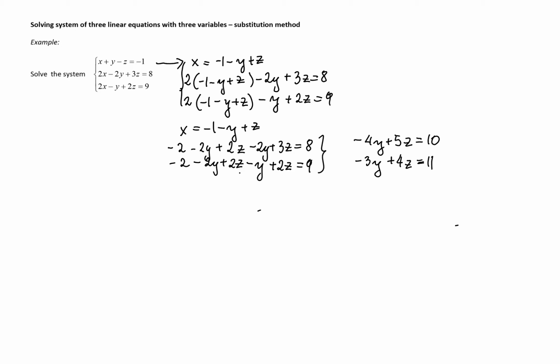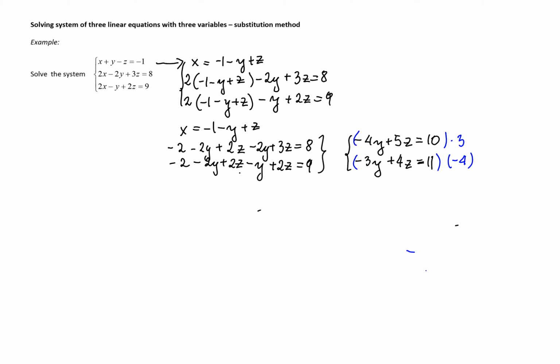We have a system of two equations with two variables. We'll solve it by elimination. So we'll multiply the first equation by 3, and the second equation we multiply both sides by -4 to match the coefficient of y.